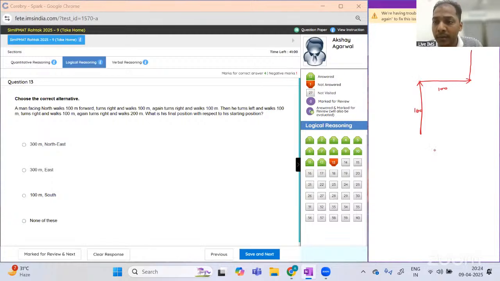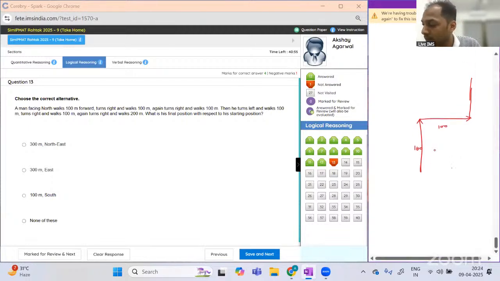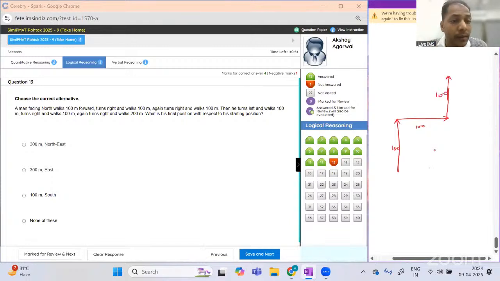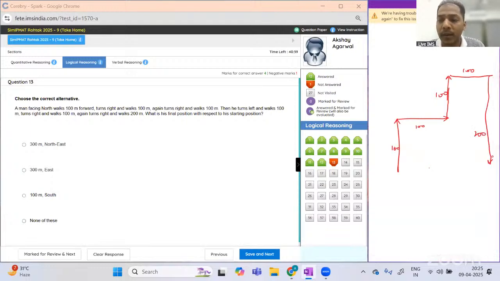Over here, 100. Okay. So this is also 100. Third 100 ke baad turns right. So again a right and walks another 100. Then turns right and walks 200. 200 from here would be directly down.